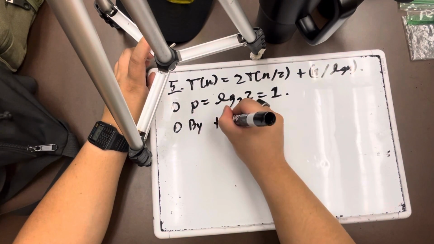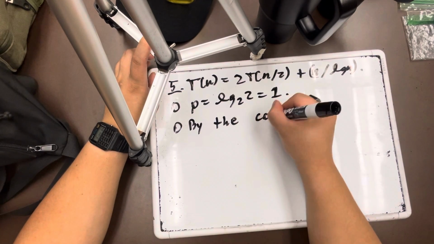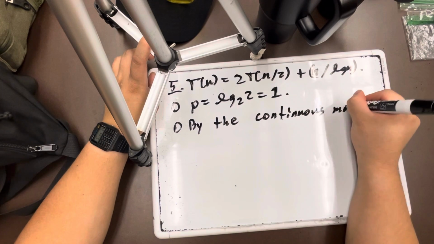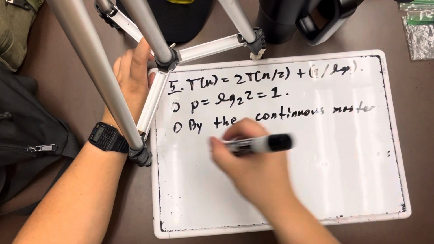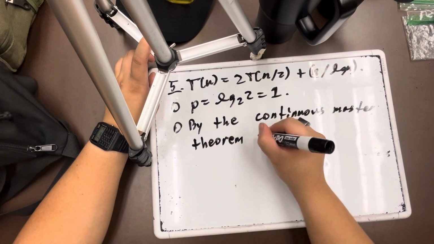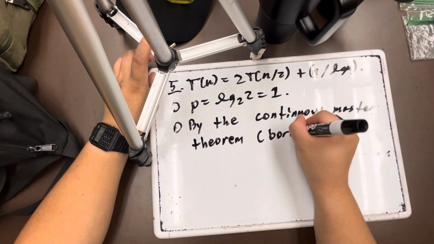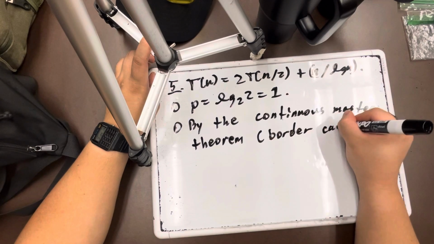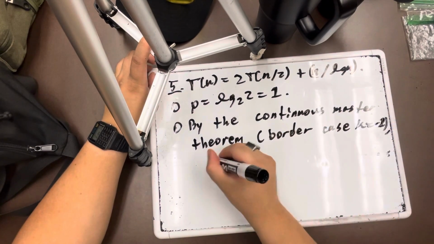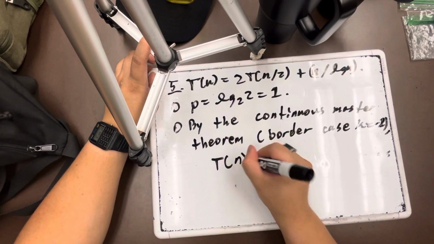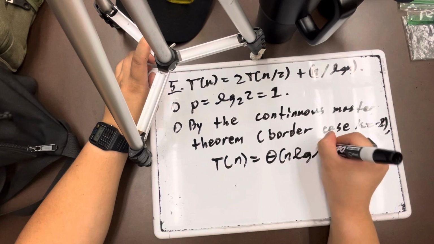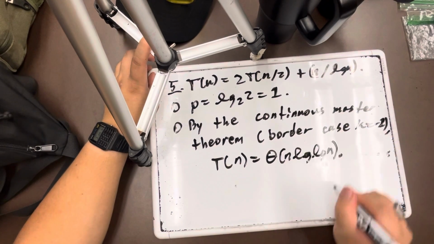By the continuous master theorem, with border case k equal to -1, we have that T of n is equal to theta of n times log of n, right?